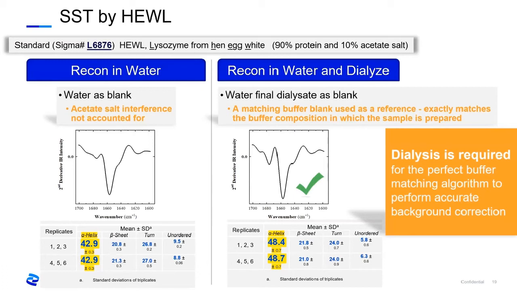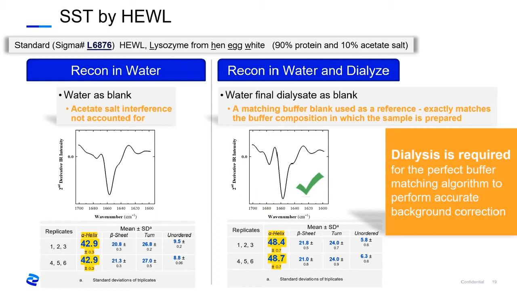And when we checked the Sigma product sheet of HEWL, we found this way of sample prep is not correct, because 10% acetate salt in the lyophilized cake had been included in the sample solution, but was not accounted for by the buffer blank here, which is just pure water.